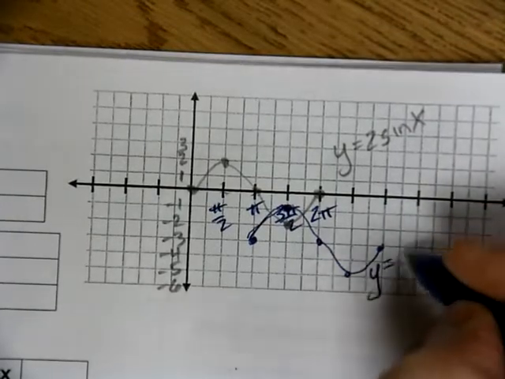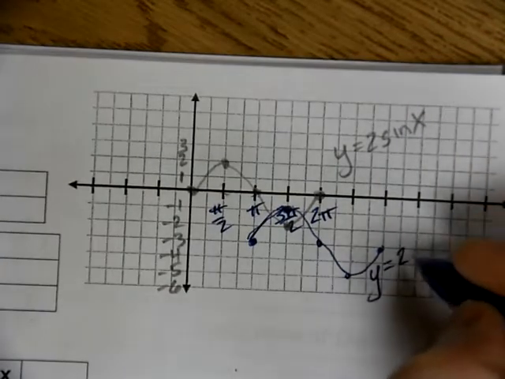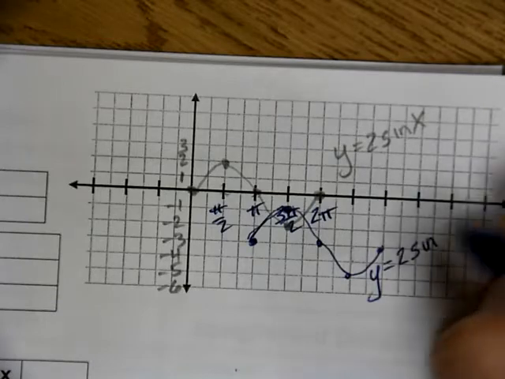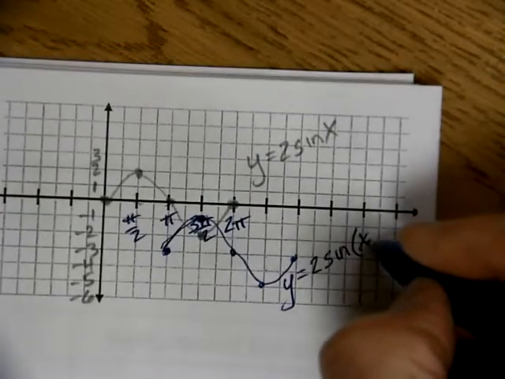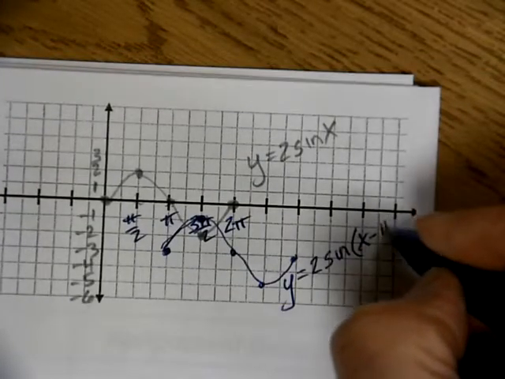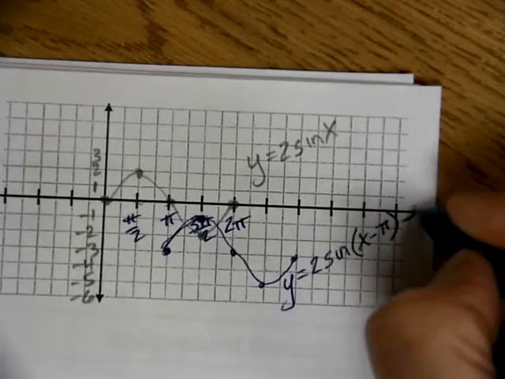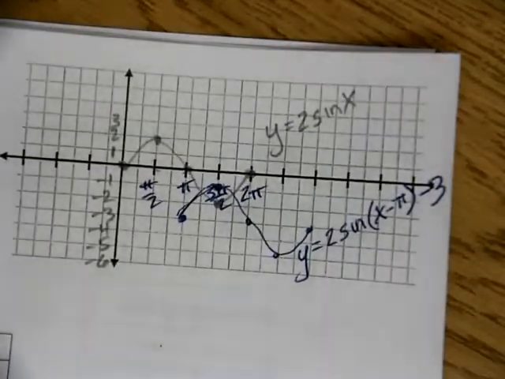So this is y equals 2 sine of x minus pi, minus 3. Minus inside means it moves to the right, and then minus outside means that it goes down.